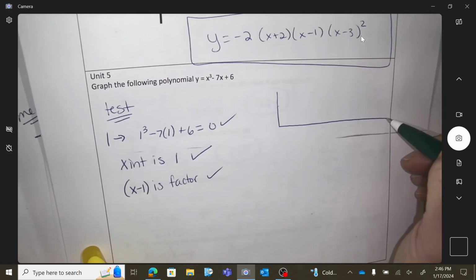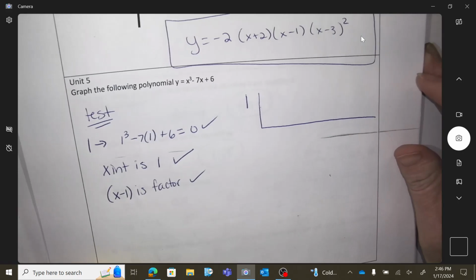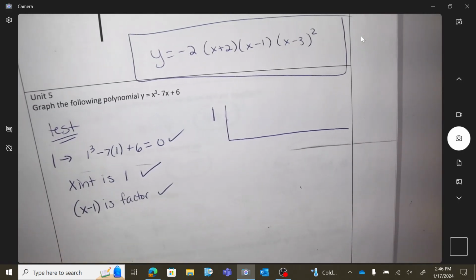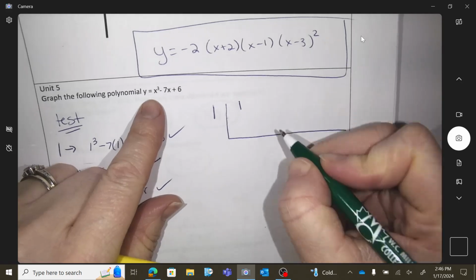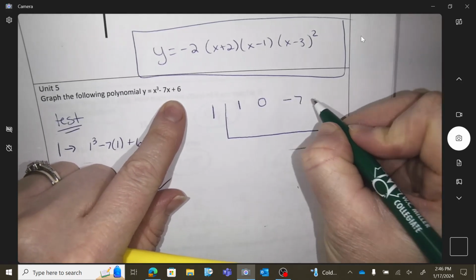Start dividing. So the root number that I'm picking is a 1. Griff said we should check for gaps. There's some gaps. I have 1 for cubic. I have no squareds.